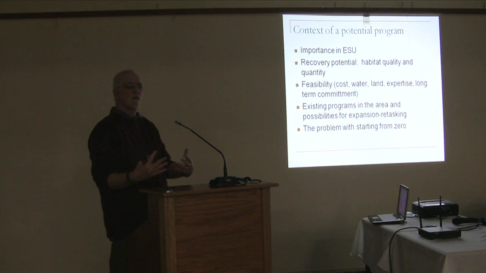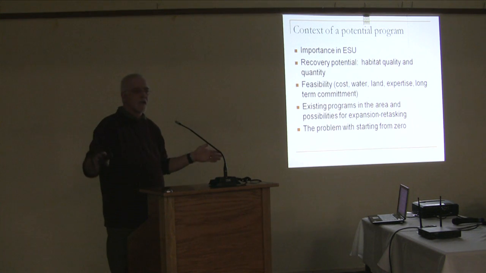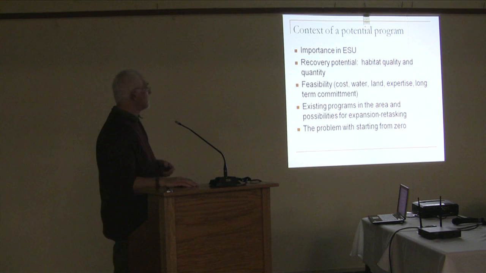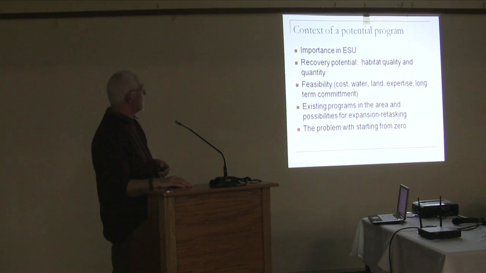But in trying to determine what you're going to do there, you really have to step back and look at it in the context of the entire ESU, and maybe even in a bigger context than that, in order to determine what you want to do in that particular smaller scale space that you're really concerned about.